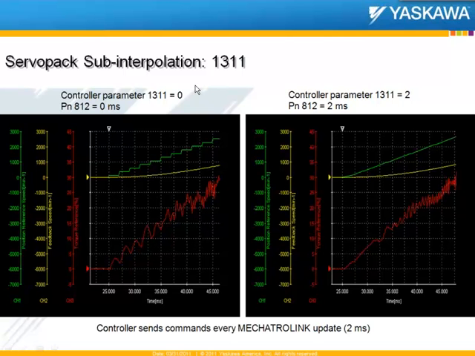Remember, these are Sigma Win plots taken at high resolution. When the servo pack waits for the controller commands to come through, if sub-interpolation is not enabled, the servo pack sees step changes in the controller commands.